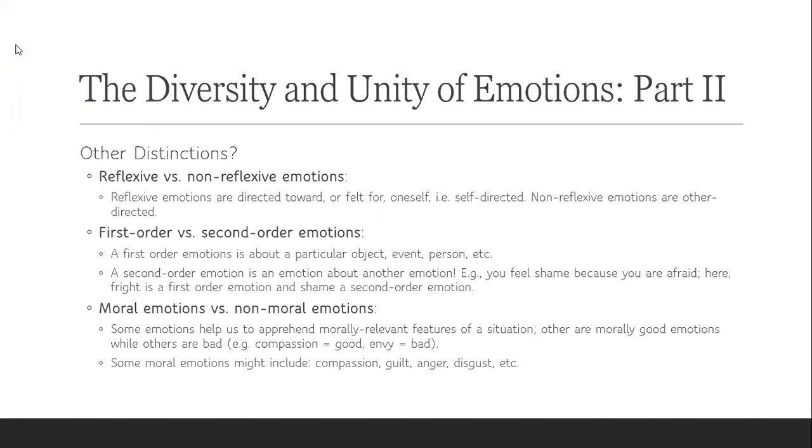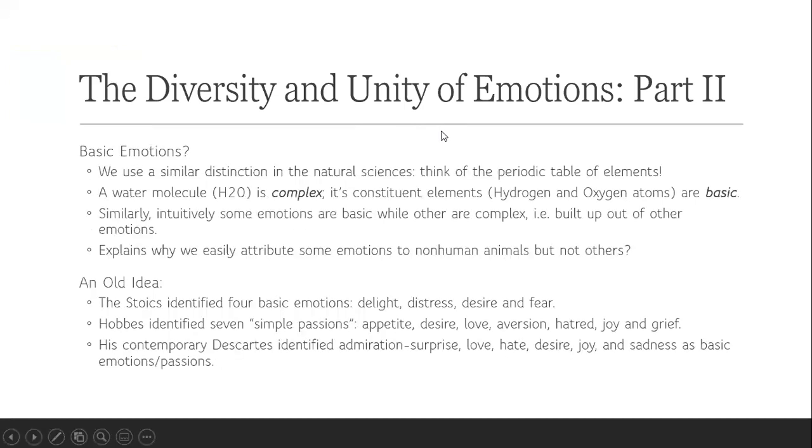We want to make some more distinctions between the emotions within the category of the emotions, right? Now, one of the ways that we can do this is by talking about basic emotions and complex emotions. Indeed, I've mentioned basic emotions a lot in this class, particularly Ekman's understanding of the basic emotions.